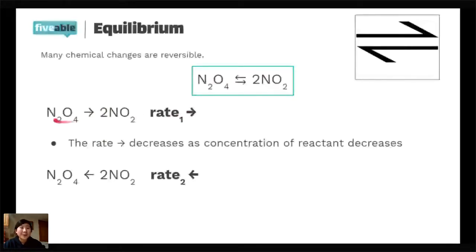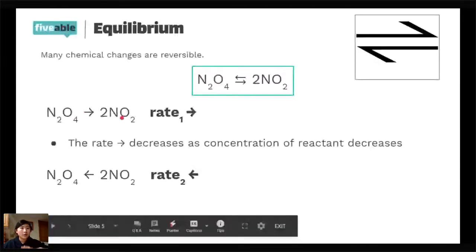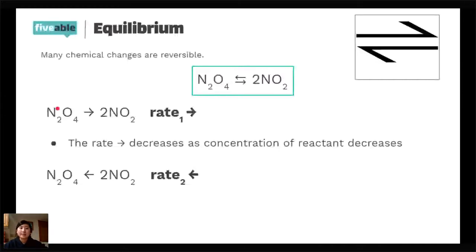But as you are creating more 2NO2, that is also another reaction in and of itself, so that will go backwards. You create a lot of this, and then it's going to create more of the thing that you started off with. So as the rate of the first reaction decreases, the rate of the second reaction increases.